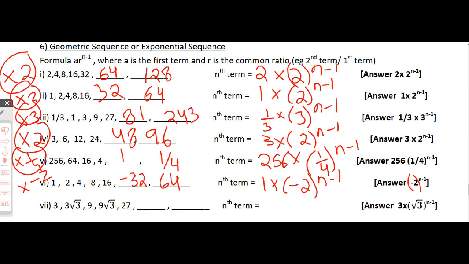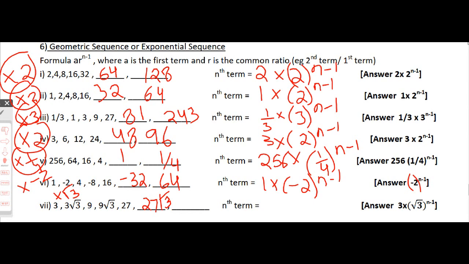Part 7, what is happening over here? How is 3 changing into 3 under root 3? How is 3 under root 3 changing into 9? You're actually simply multiplying every number by under root 3. So that is your common ratio. So 27 times under root 3 will be 27 under root 3. Your calculator will tell you that, even if you don't know the science behind it.